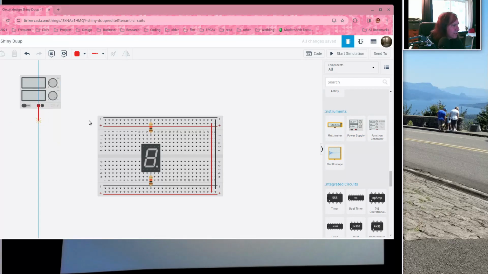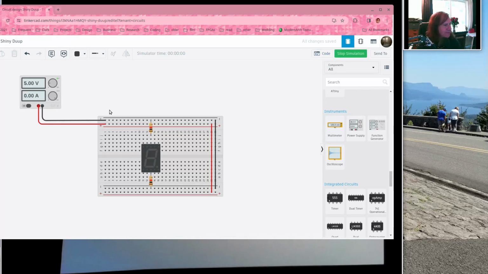Let's connect this to 5 volts, and let's connect the ground output to our common ground rails. And so if I run this, nothing happens. We've got 5 volts going in, but none of the displays are lit up.